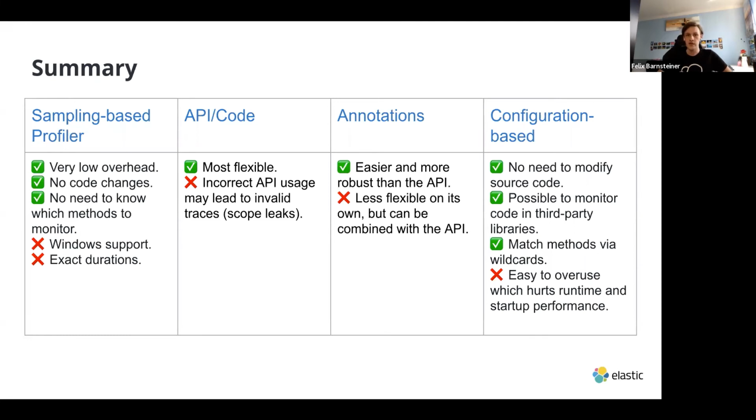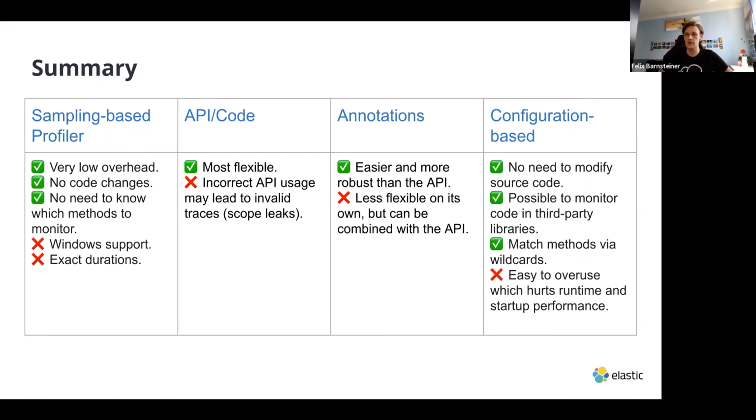All right, then you have your API code. It's really flexible, but it's easy to misuse. We have the annotations, which makes it easier. A bit less flexible on its own, but combined with the API, it's also really powerful. But with those, again, you have to know which methods you want to instrument. Then we have the configuration-based approach.